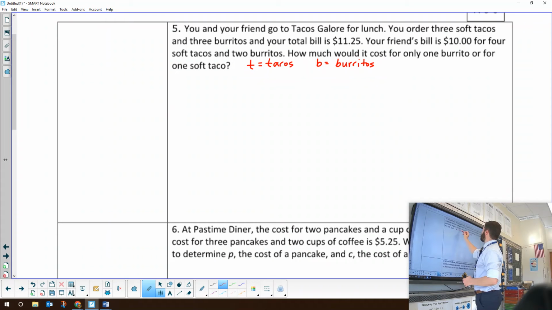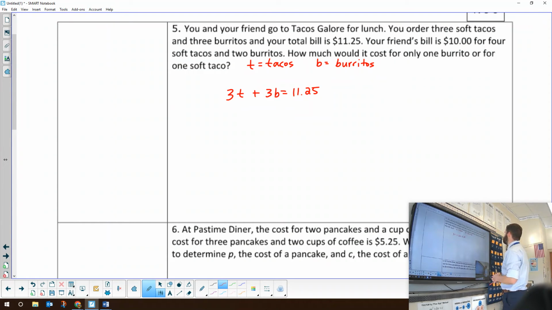So it says 3 tacos and 3 burritos equals $11.25. And it says your friend's bill is 4 tacos and 2 burritos equals $10.